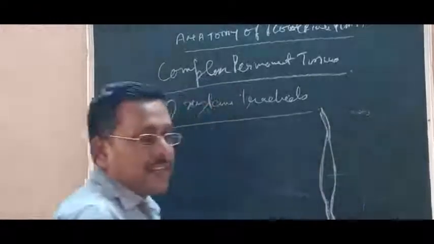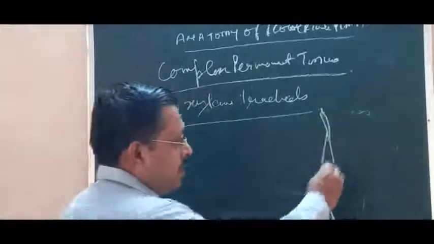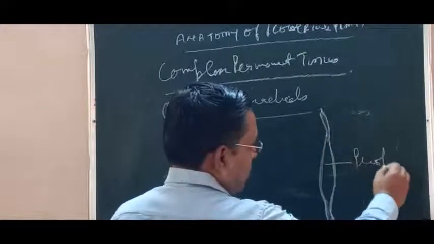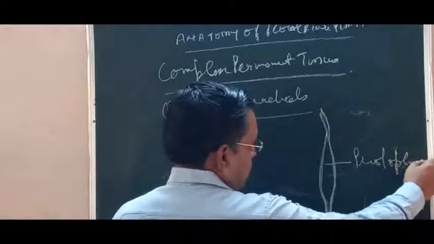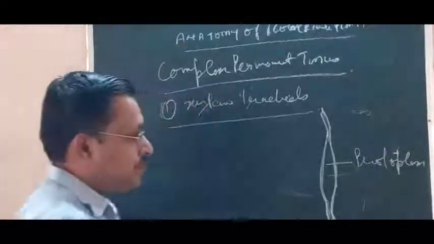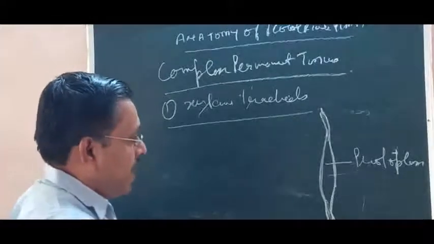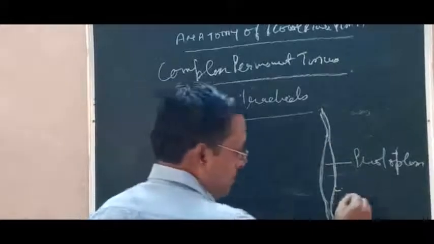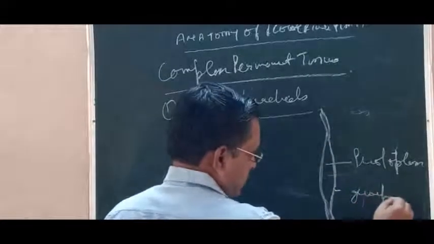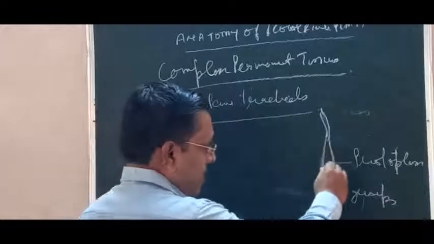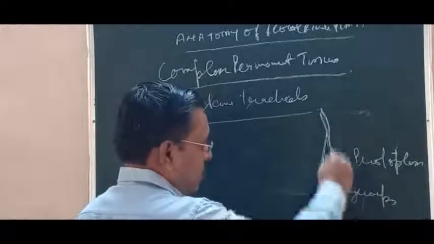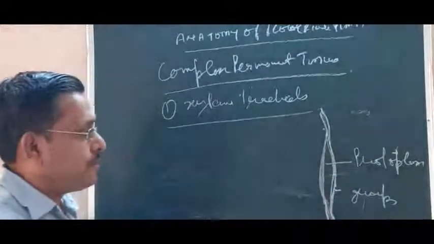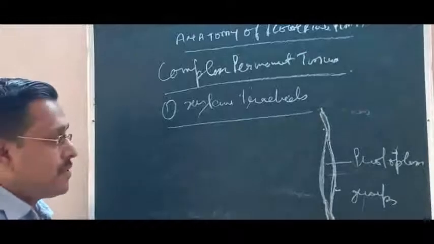It is also a dead cell; the protoplasm is absent. No protoplasm is there in xylem tracheids. Xylem tracheids are found in groups, having lignified walls, and since they have no protoplasm, they are dead cells.